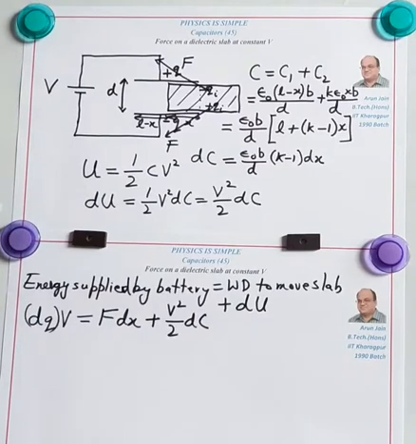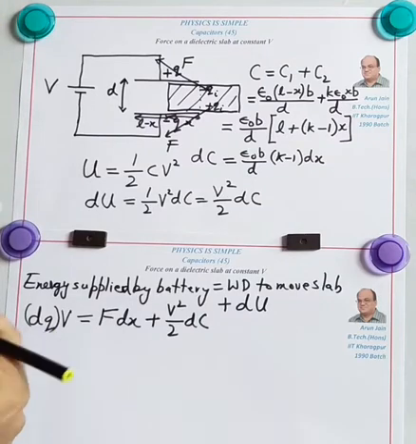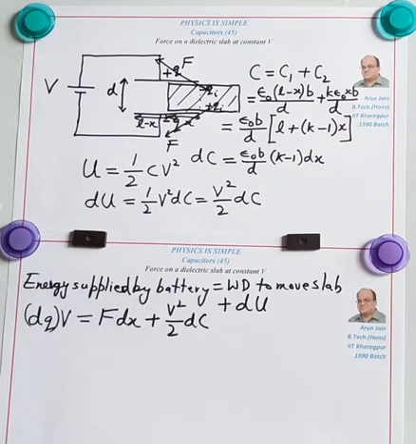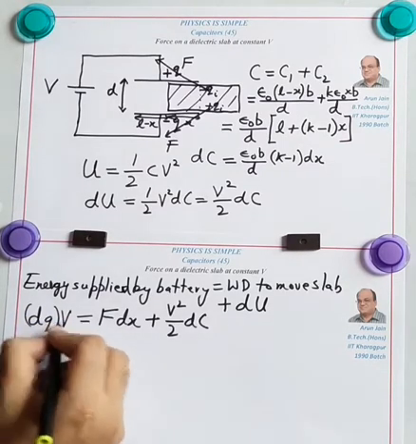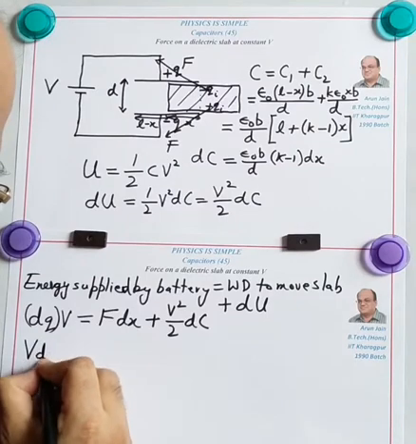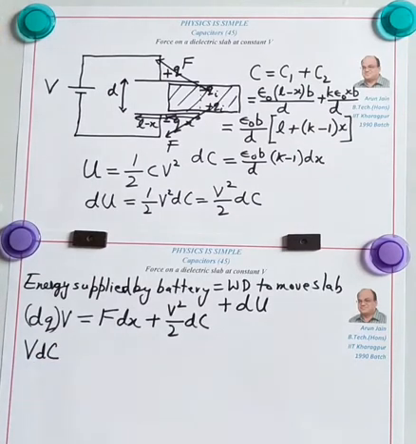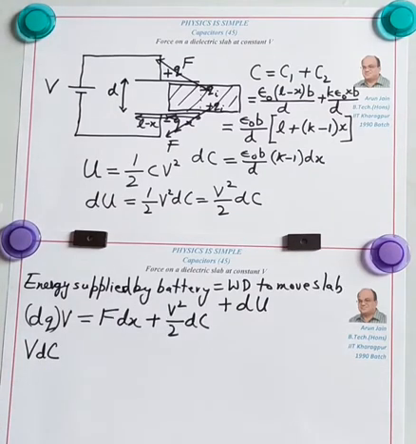Now this dQ is the extra charge coming in. This is due to the extra capacitance. So this will be equal to V into dC. Q is CV. So here C is changing by dC and V is remaining constant.